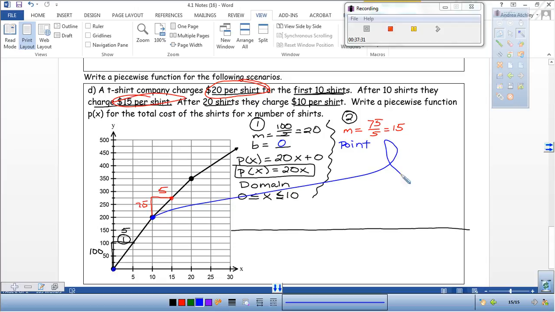Oh my goodness. My point is, it doesn't like me right now. 10 and 200. It's dying. Give me a second.